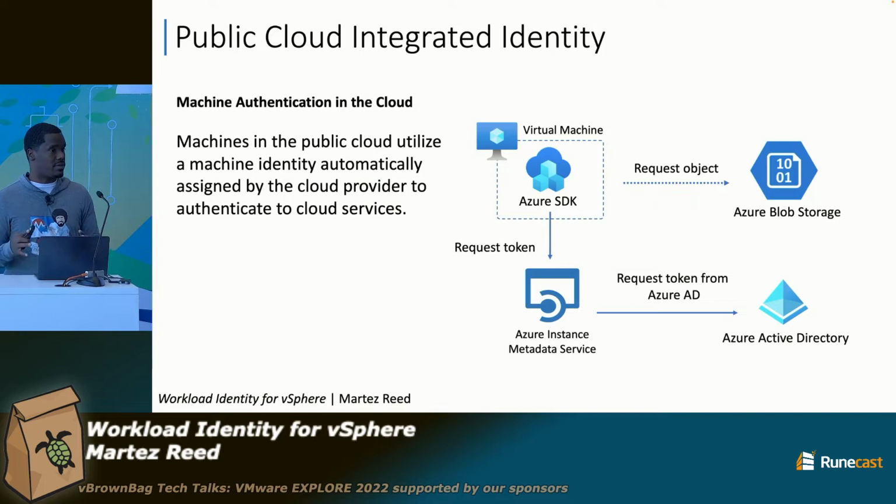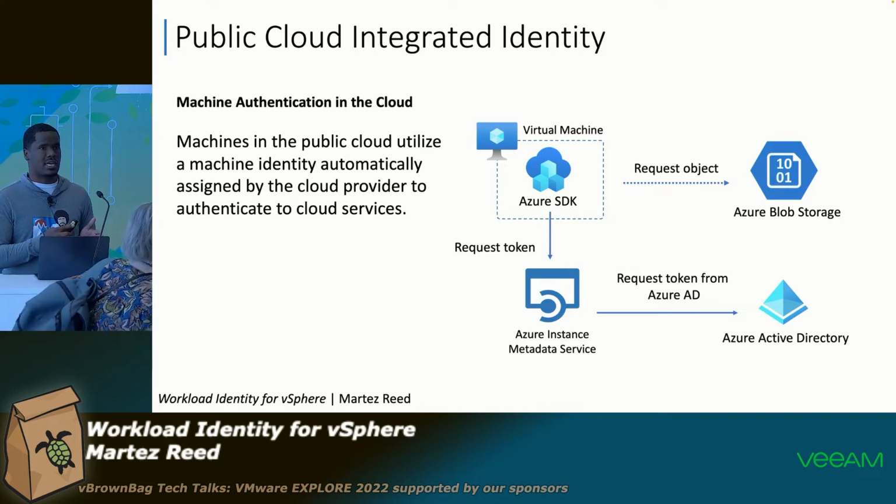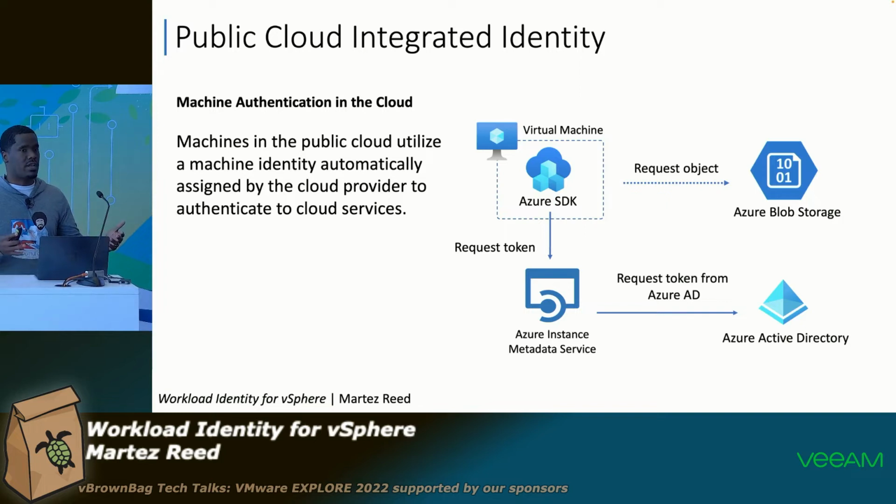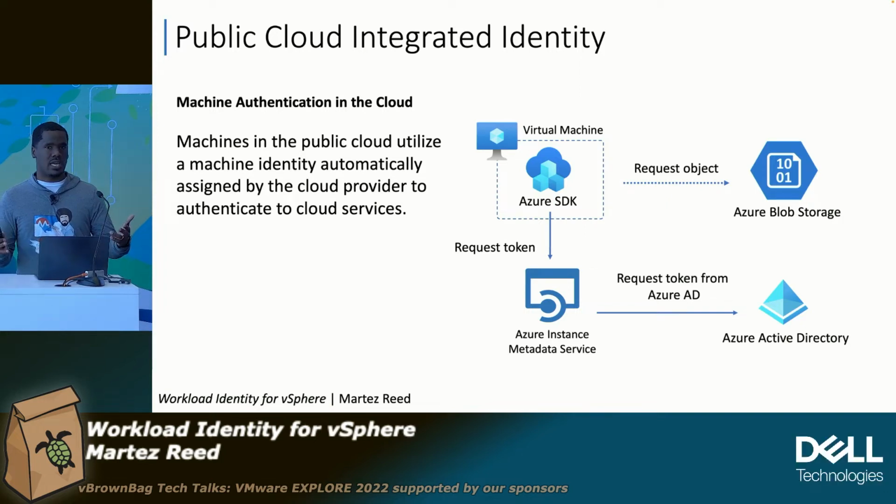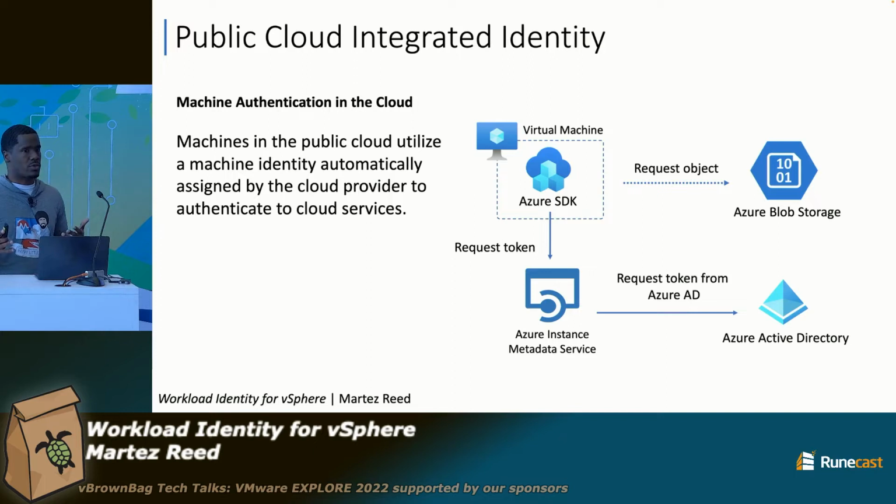It could be any other number of the other services offered or provided by the cloud provider. But what this allows us to do is simplify that identity process. One of the things we don't have to do is specify a service account or username and password for the virtual machine to authenticate to the third party, or in this case, the service, which is the blob storage.